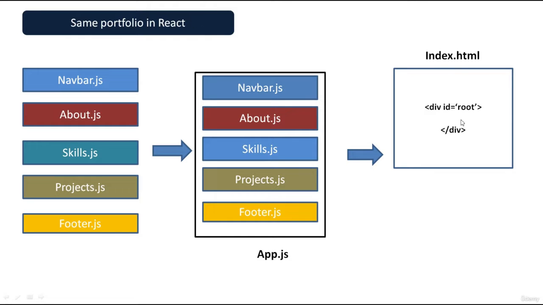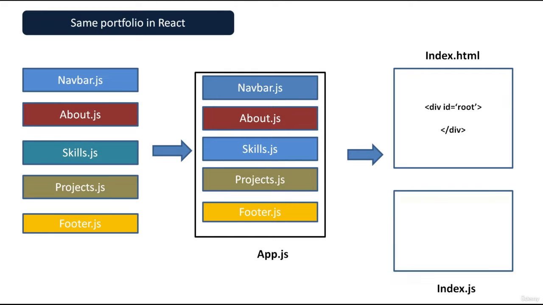In this HTML file we have to create one div. In that div we have to give one property, that is id, with the value root. And after creating the index.html file, we have to tell the React compiler that app.js is the default component and we have to place this app.js in this div. So to tell that to the compiler, we have to create the JavaScript file, that is index.js.